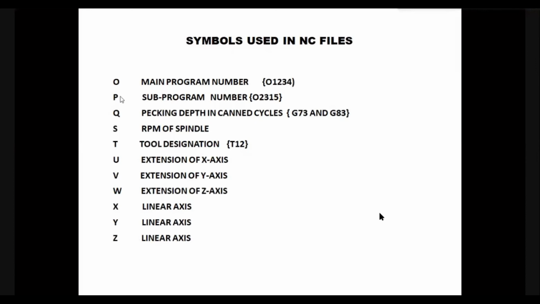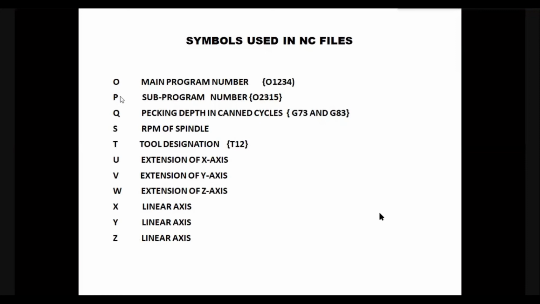If the depth of the hole is around 150 mm, and if you start drilling the hole with the drill bit to the full depth, the drill will get jammed in the hole and it will break. So, for drilling holes of depth greater than 4 times the diameter of the drill, I shall give you these details in the later stages. For each type of drilling process, there will be a different cycle, and all such cycles are called canned cycles.